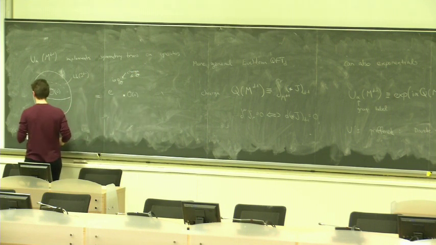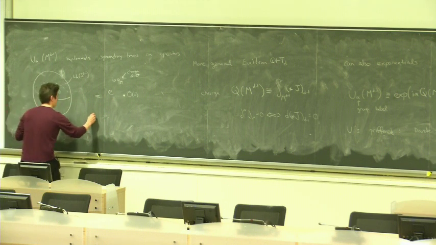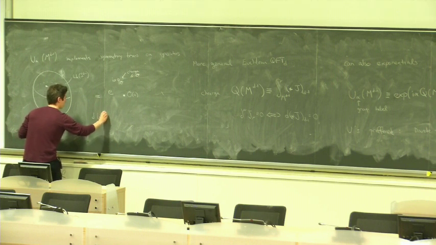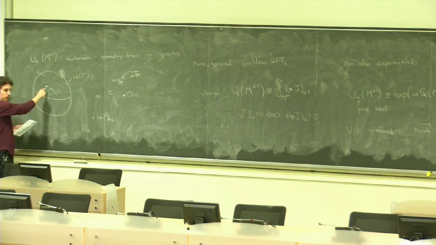Where does this kind of formula come from in the usual language of conserved currents? It comes from the fact that d star j is actually not quite 0 if you have a local operator.